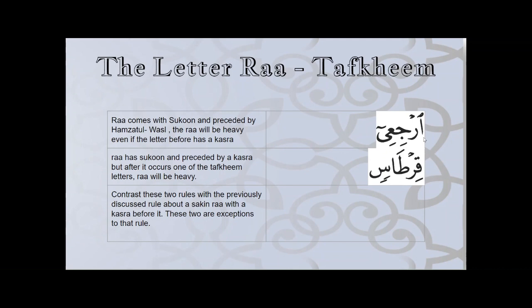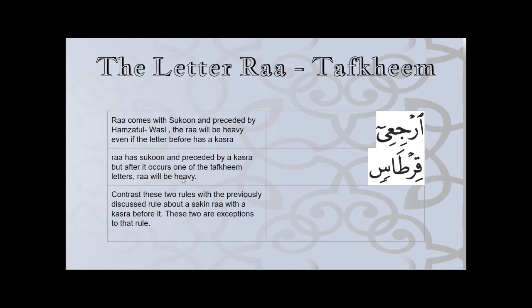This hamzatul wasl gets a kasra, and we learned that when a ra sukun has a kasra on the letter before it, then technically that should be a light pronunciation, tarqiq. But this is not the case. This is an exception to that rule. Irji'i, in this case, even though this hamzatul wasl is pronounced with a kasra, this ra sukun is going to be pronounced heavy. Hamzatul wasl causes this ra sukun to be heavy. Irji'i.